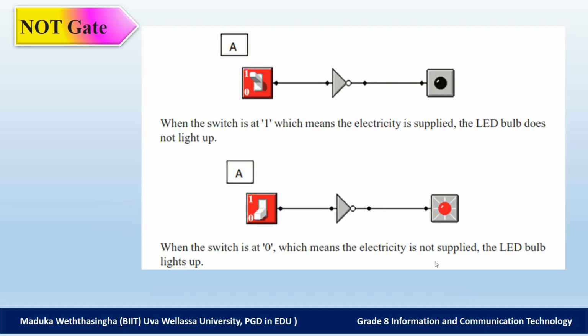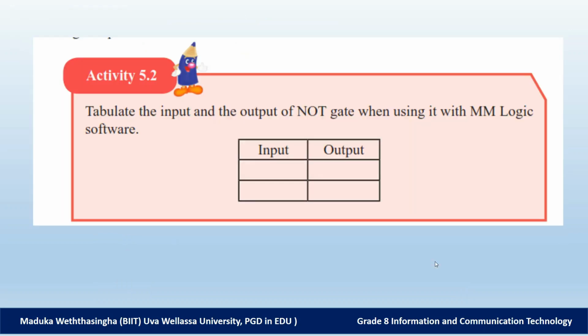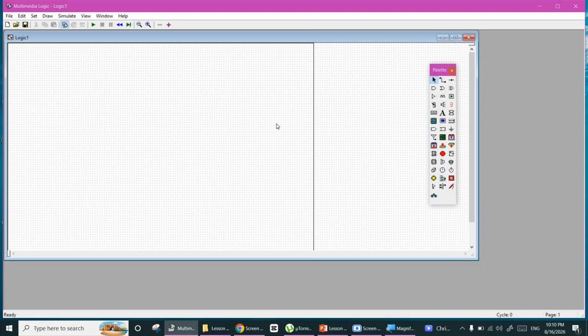Now we are going to develop a circuit using the NOT gate. After that, we can complete activity 5.2 using the output of the NOT circuit. To identify the function of the NOT gate using logic software, we are going to develop a small circuit.